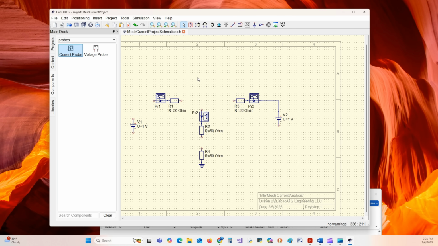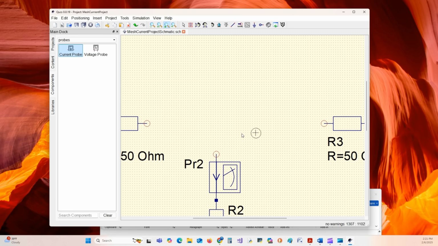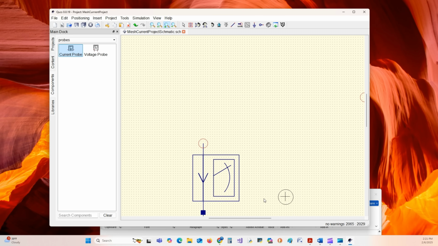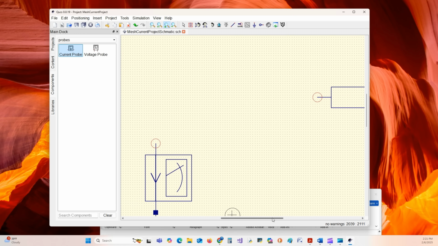But now we're going to complete our wiring, the diagram. Remember, the trick to this is to zoom really far in on the components you want to connect. I'm going to connect R3 to probe 2. Up here, get the wire connector.